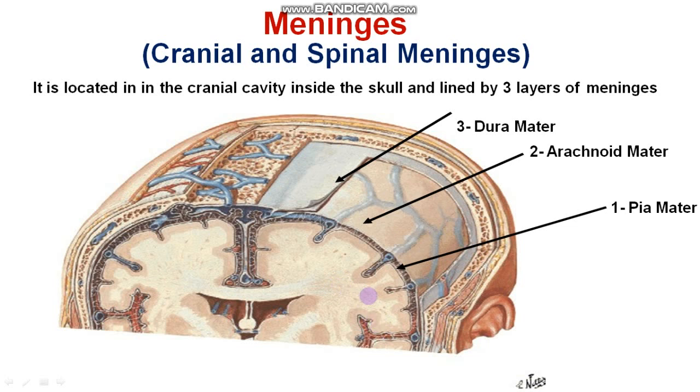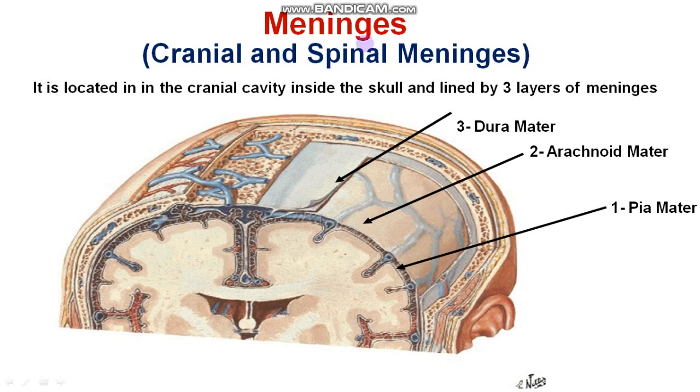Moving from inside to outside, the first layer is the pia mater. This pia mater is very tightly adherent to the brain, with no subpial space. Then here is a space known as the subarachnoid space, filled with CSF, cerebrospinal fluid. So we can say that the brain floats over the CSF.